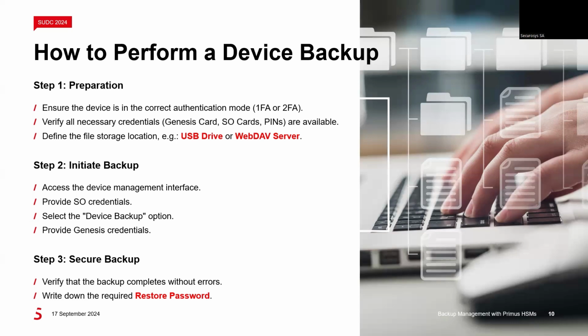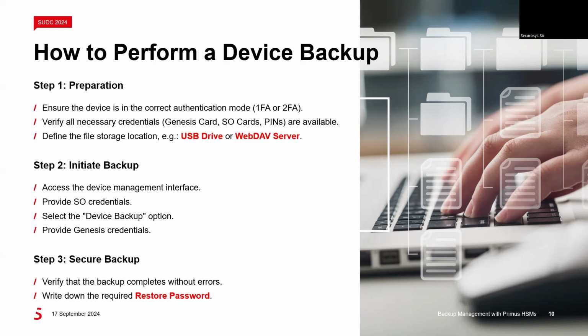Until version 3, we could only make backups on a USB drive, either attached to a Dingelstad terminal or on the device itself. As of version 3, we also have the possibility to make backups on a WebDAV server. So you can configure the HSM to use an external WebDAV server for storing and retrieving configuration data, but also for storing backups.